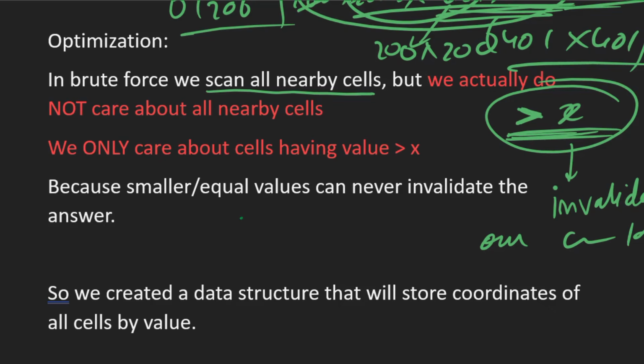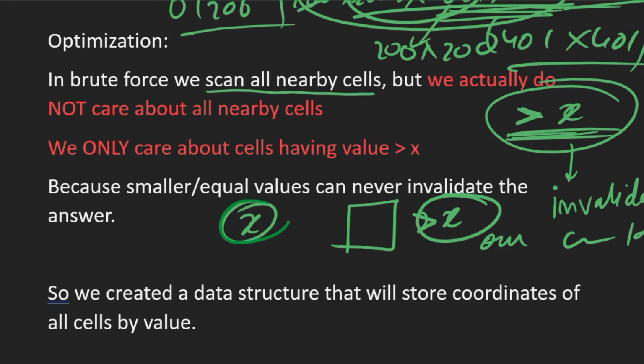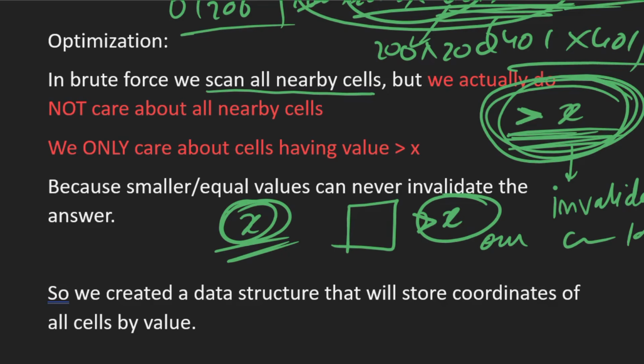Because suppose our current cell has value x, and if there is a nearby cell that has value greater than x, then this current cell will not be local maxima. So we only care about those nearby cells that have value greater than x.